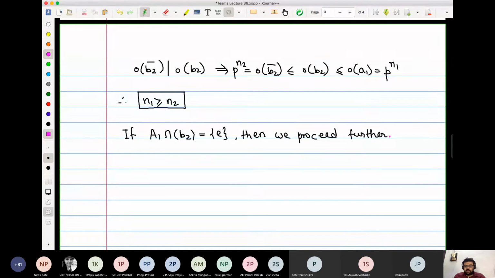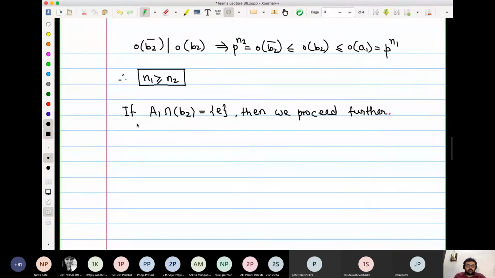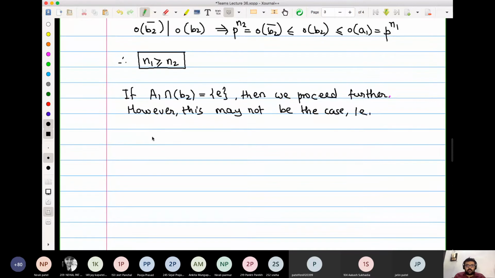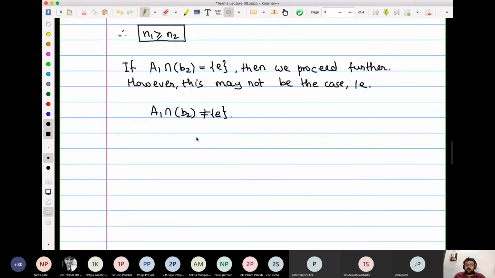But this may not be the case. However, we may have A1 intersection B2 is not identity. So there is an element common.